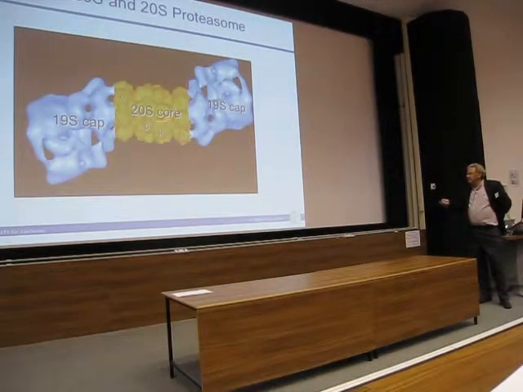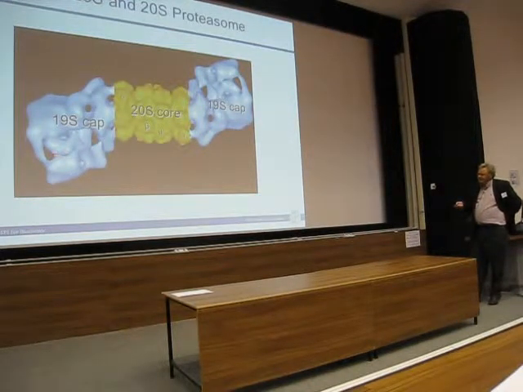And this alone is not functional, and in fact, it rarely exists as such in a eukaryotic cell, as you will see later on. So it has to team up with these regulatory complexes, which first recognize ubiquitinated substrates, remove the ubiquitin, and then unfold and assist in the translocation into the core complex here.